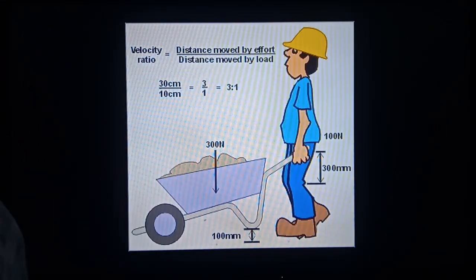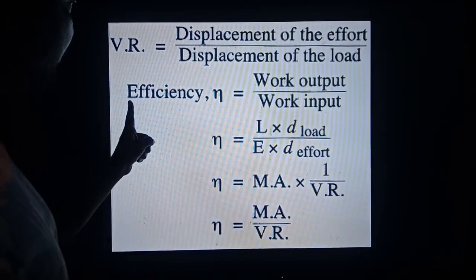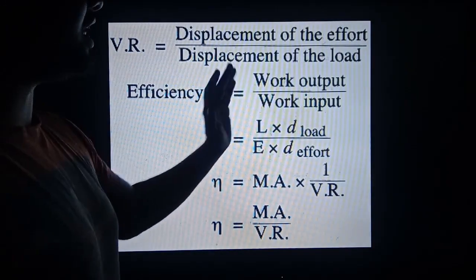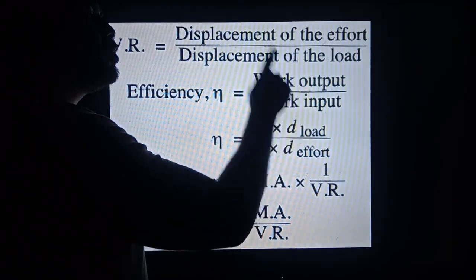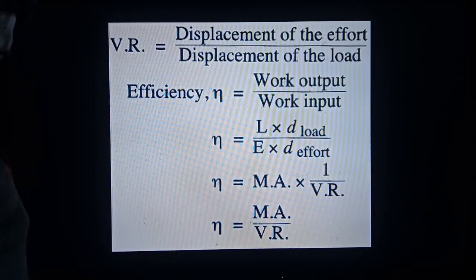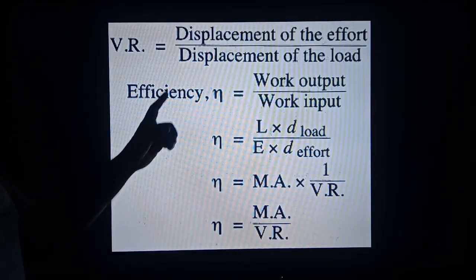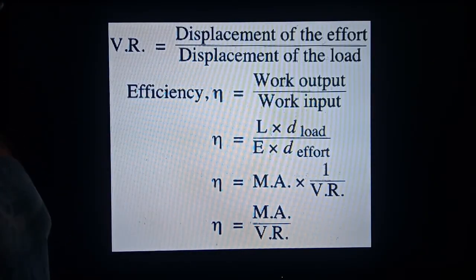Now the third term, efficiency. Efficiency is the ratio of work output to work input. Now you have to obtain a relation between efficiency, velocity ratio and mechanical advantage.